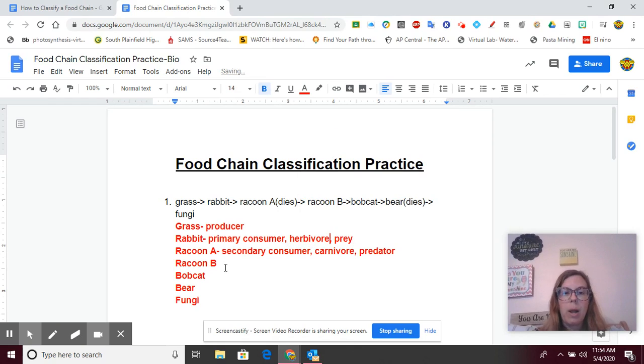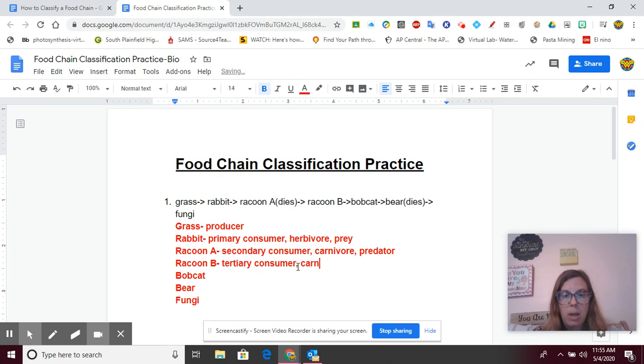Now we go on to raccoon B. Back to the first question. Is it a producer or a consumer? It's consuming raccoon A, so it is a consumer. Second question, what level consumer? It's the third level consumer, or the tertiary consumer, because it's the third thing that consumes in this food chain. Next question, is it an herbivore or carnivore?